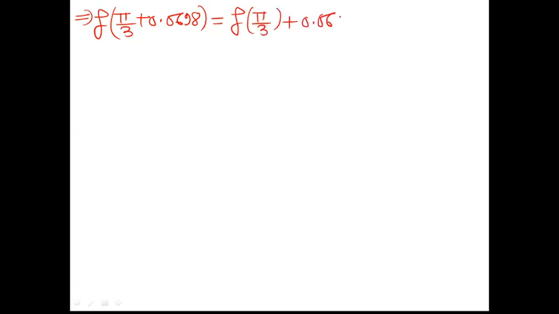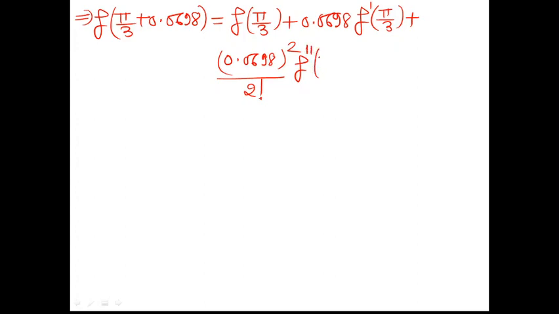So what we have? So this implies f of pi by 3 plus 0.0698 is equal to f of pi by 3 plus 0.0698 f dash of pi by 3 plus 0.0698 whole square upon 2 factorial f double dash of pi by 3 plus 0.0698 whole cube, just substituting the values which we have mentioned.